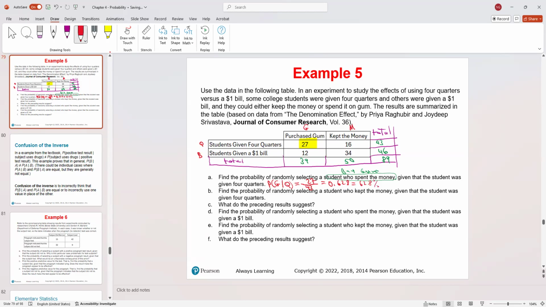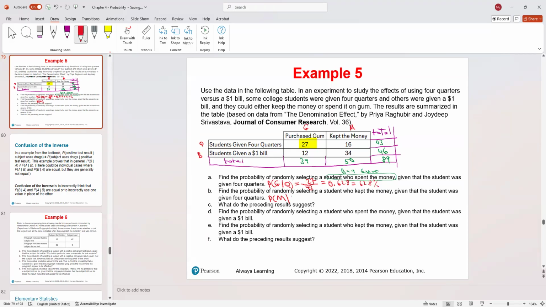B, find the probability of randomly selecting a student who keeps the money, the probability of M, keep the money, given that the student was given 4 quarters.